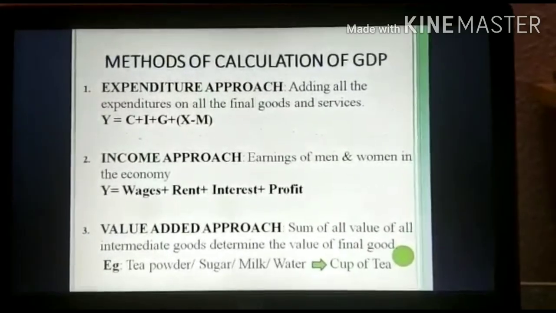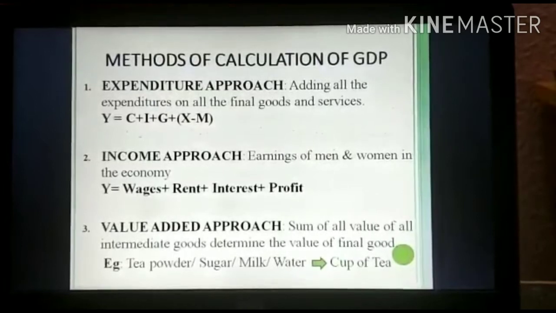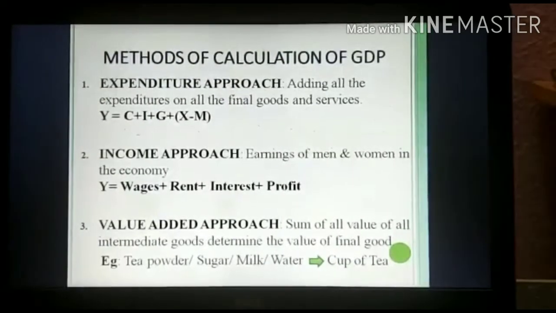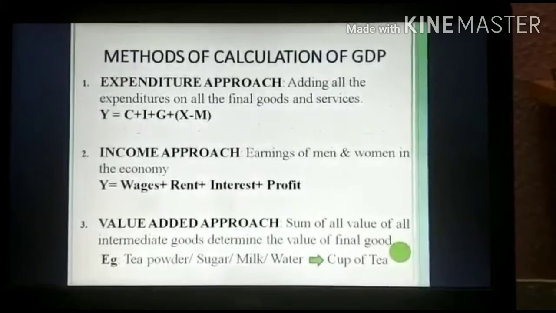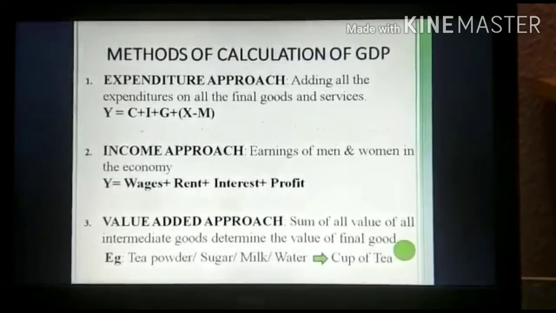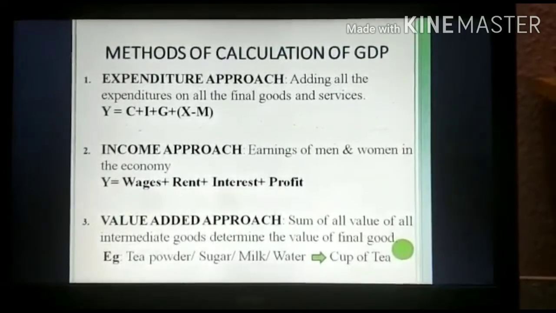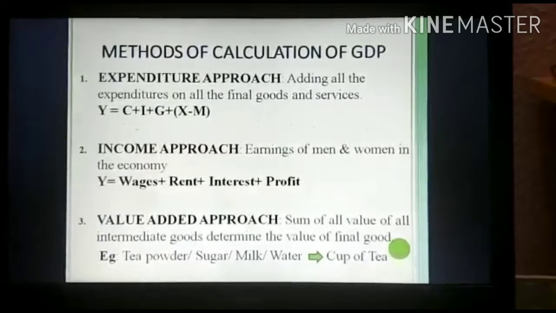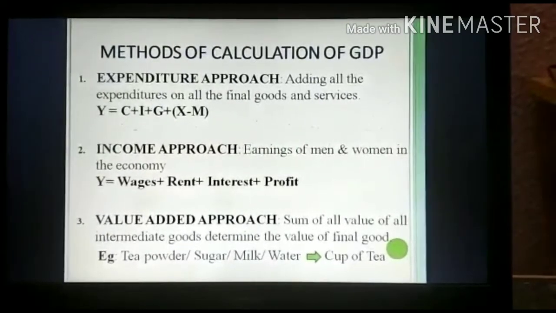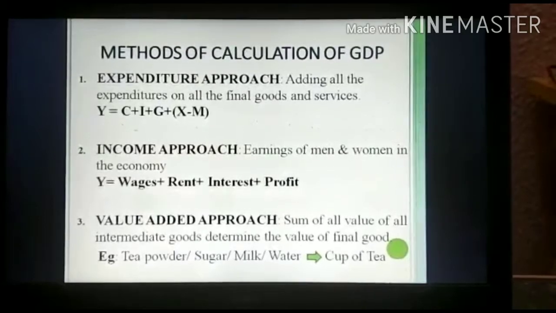The third one is the value added approach. Under that we add all the values of intermediate goods, and that will determine the value of our final goods. I'll explain this with the making of a cup of tea. For making a cup of tea, we need tea powder, sugar, milk and water as intermediate goods.